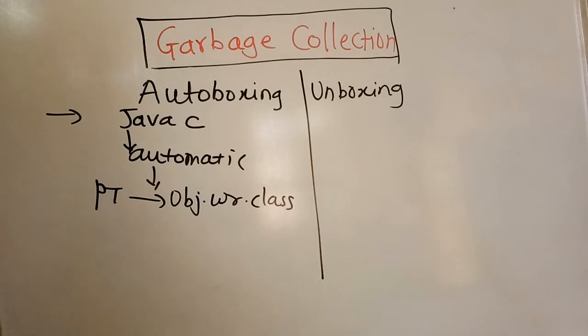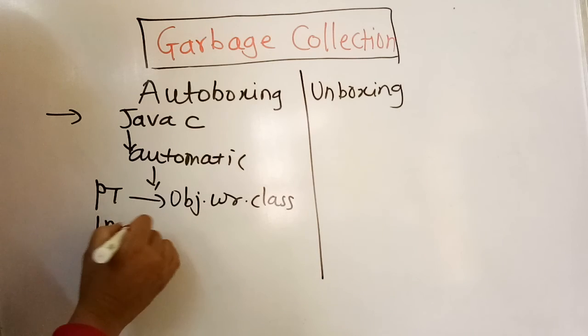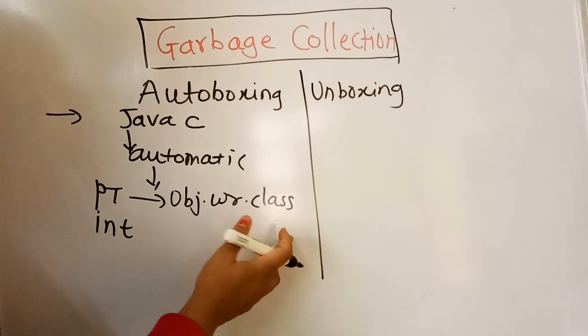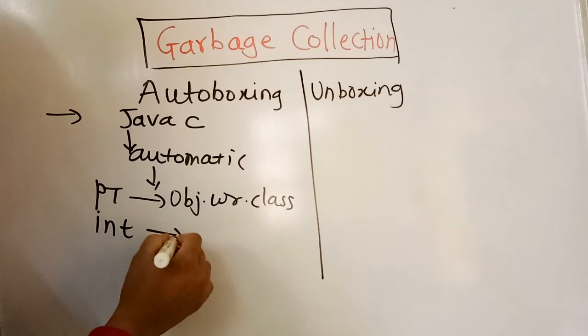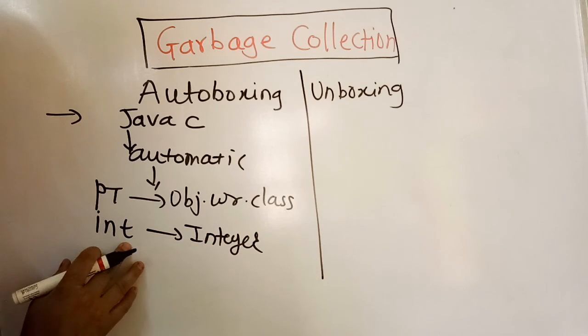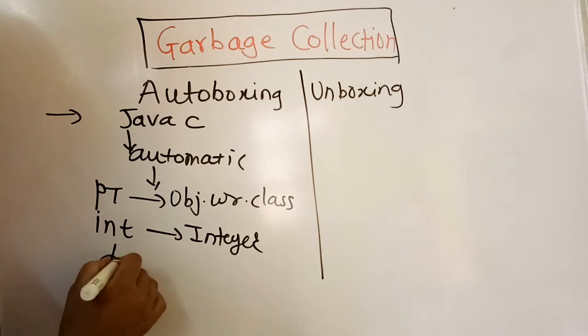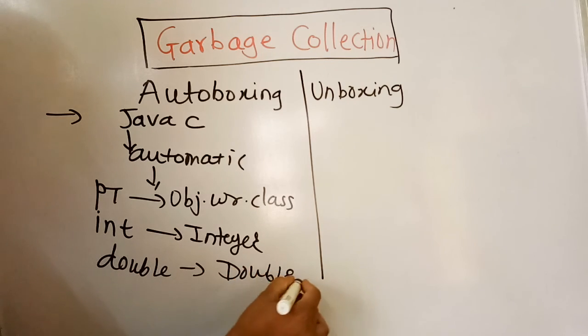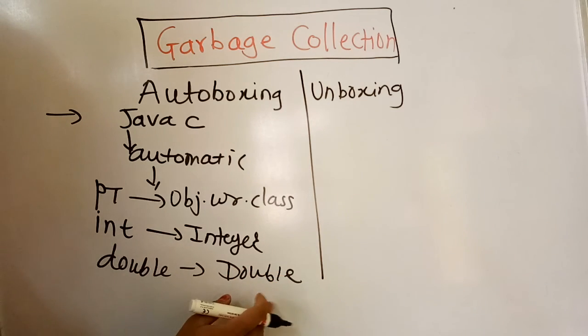For example, int is a primitive data type. Okay, we know it. And there is a wrapper object class for it. Then, for example, double is there, and the wrapper class of double is understood by the system.